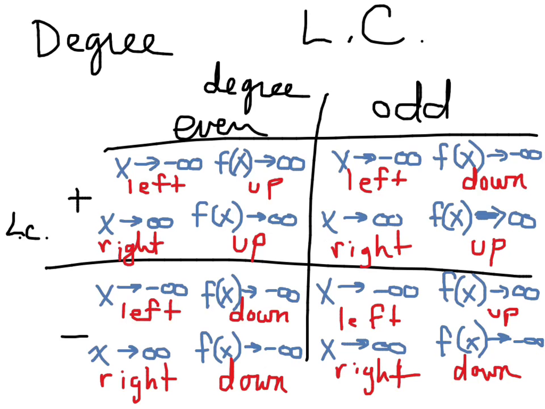What it's going to ask you to do on the problem is, it's going to give you a polynomial and it's going to say, describe or determine the end behavior. These are the answers. It's one of these four scenarios.